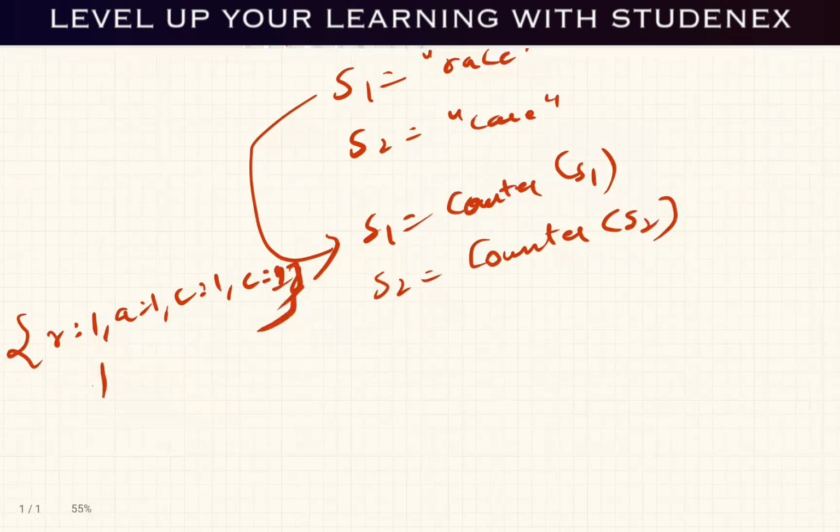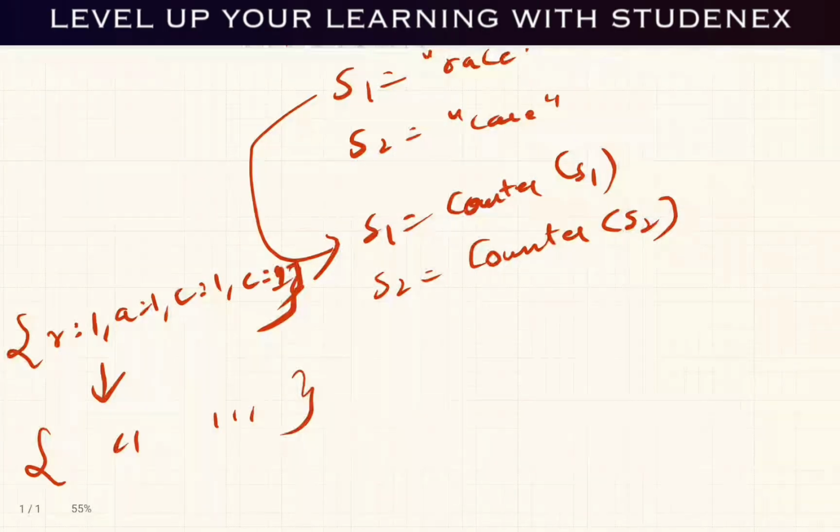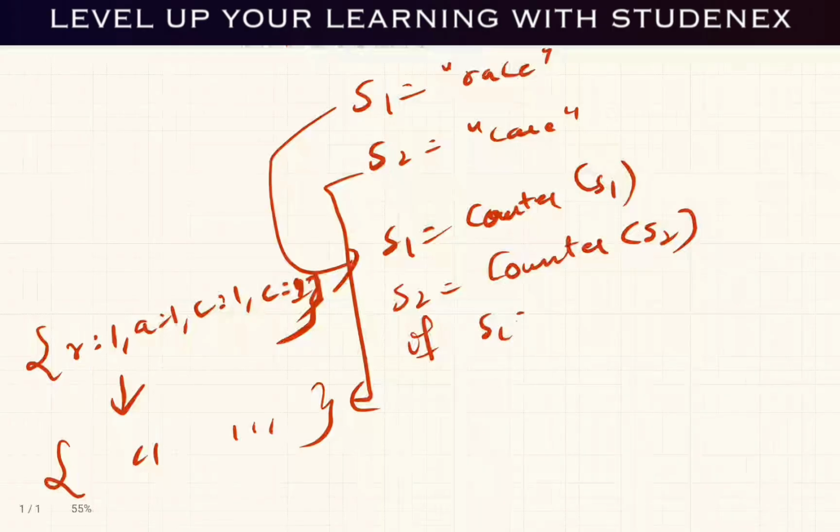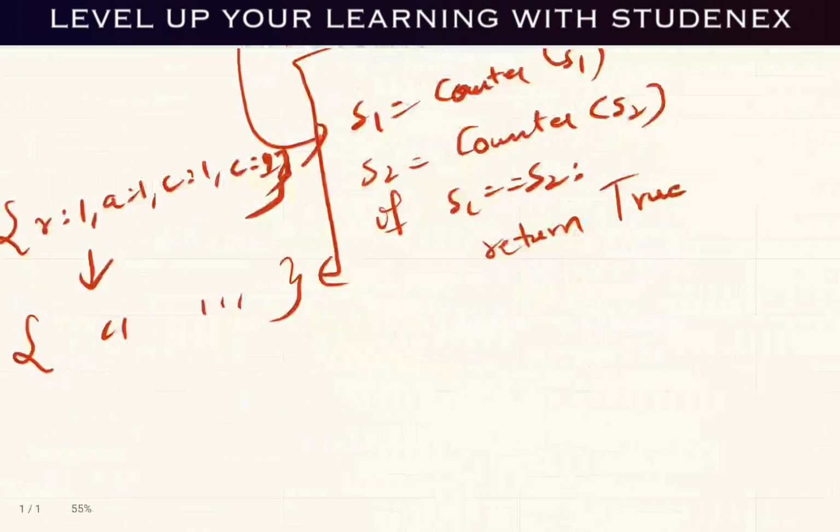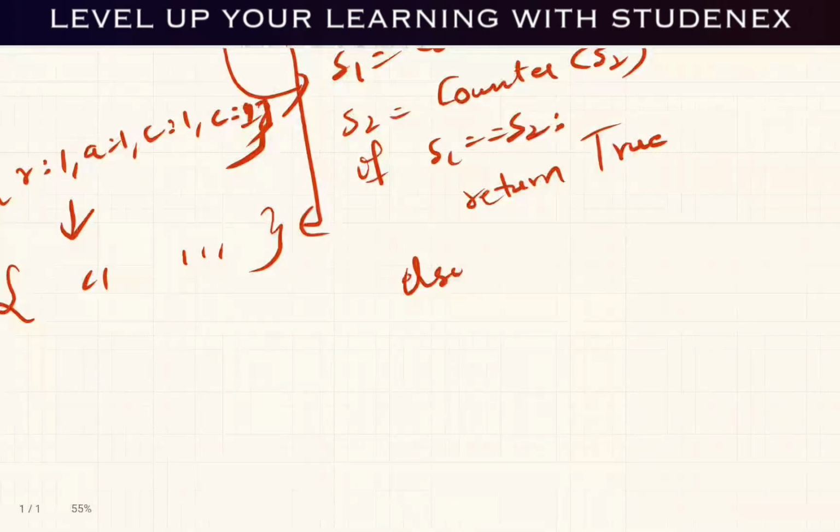The same will be returned for the S2 value. So if S1 equals S2, return true, else just return false.